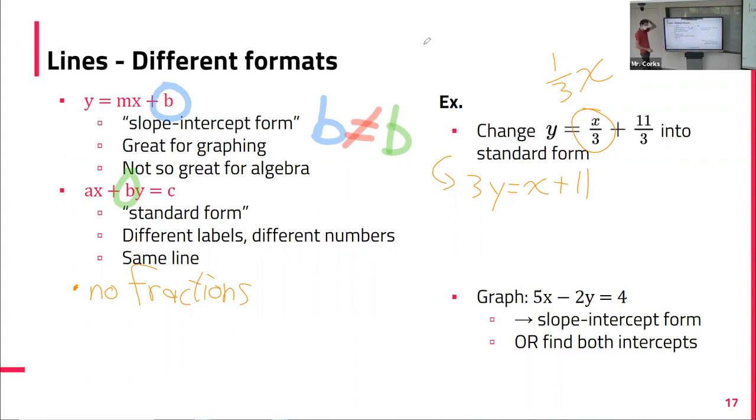Next step. Okay, so negative x plus 3y equals 11. So we want variables on the same side, the variables to be together.